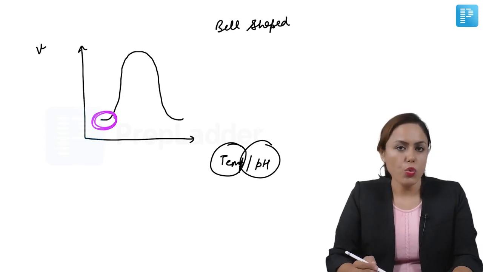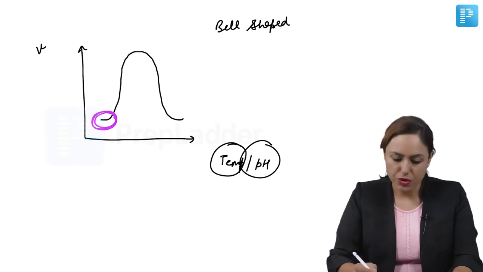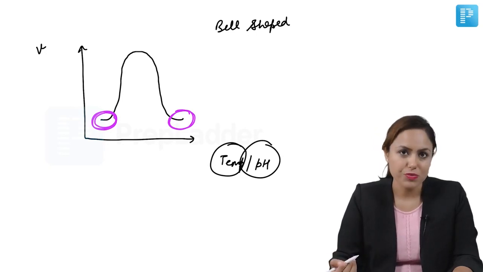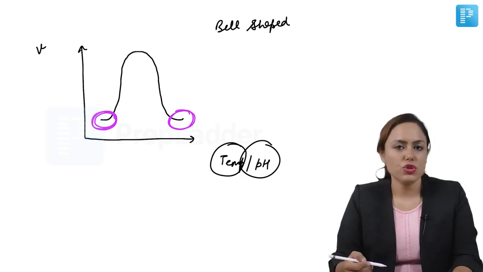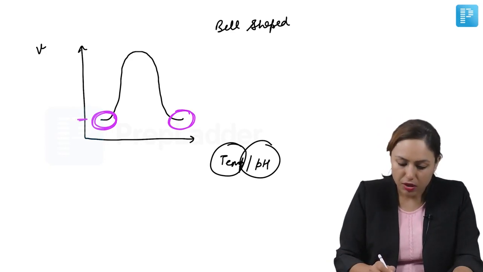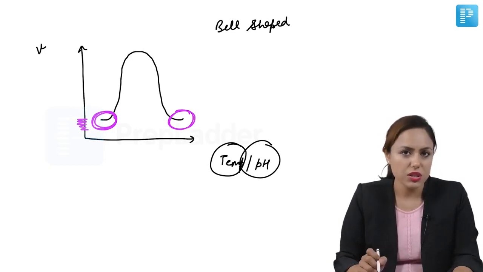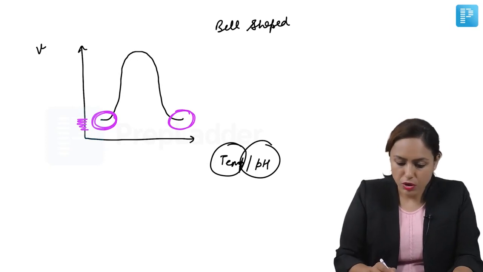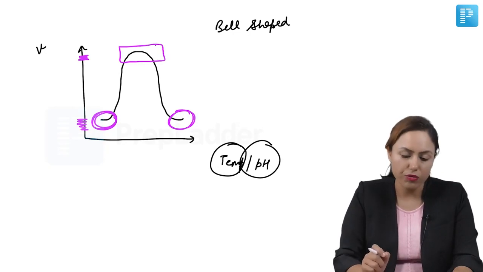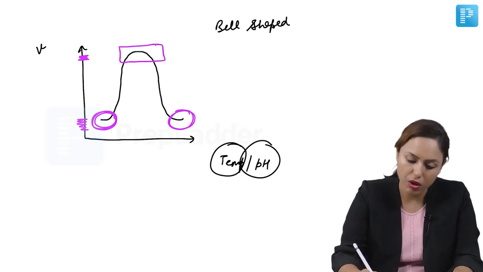Because this point is very low pH or very low temperature, and this point is very high pH or high temperature. And enzymes get denatured in extremes of temperature or pH. That's why velocity is negligible in this area. But velocity has a good amount in this area, it is of significant value in this area of the graph.